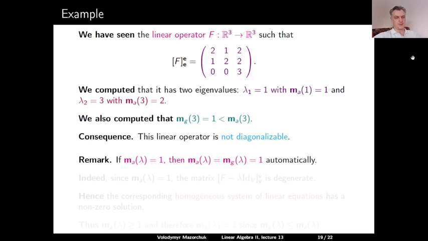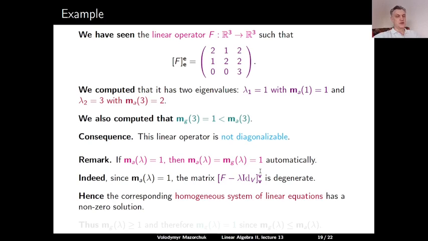Remark, there is one case in which the algebraic multiplicity for an eigenvalue is equal to the geometric multiplicity. And this is a case when the algebraic multiplicity is equal to 1. Indeed, if the algebraic multiplicity is equal to 1, then since lambda is a root of the characteristic polynomial, the matrix of f minus lambda identity in any basis V is degenerate, so its determinant is 0.